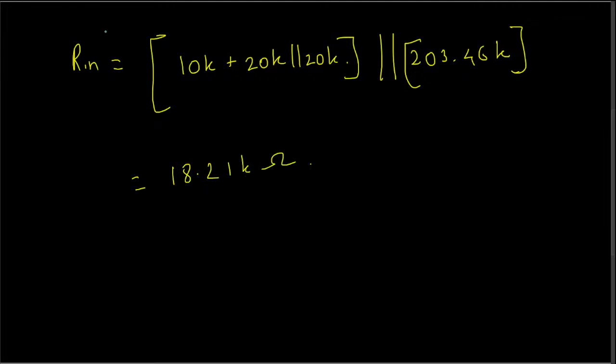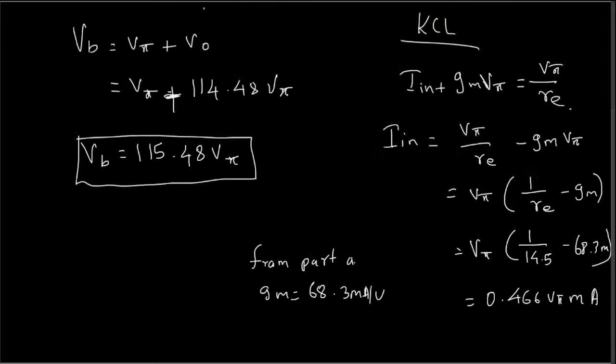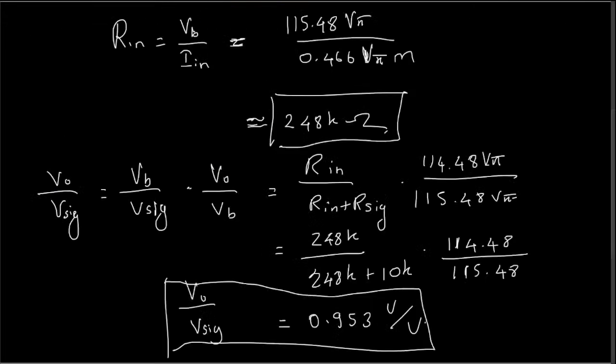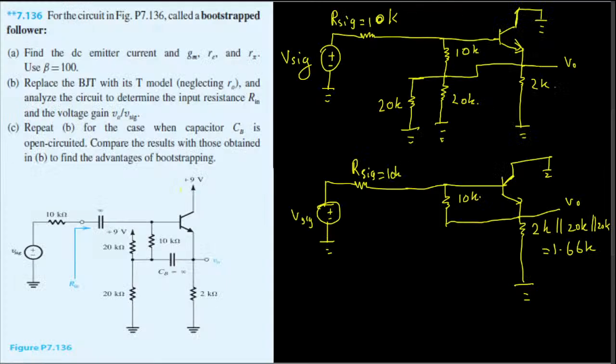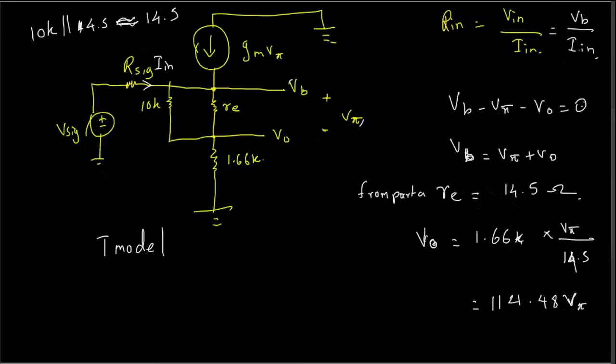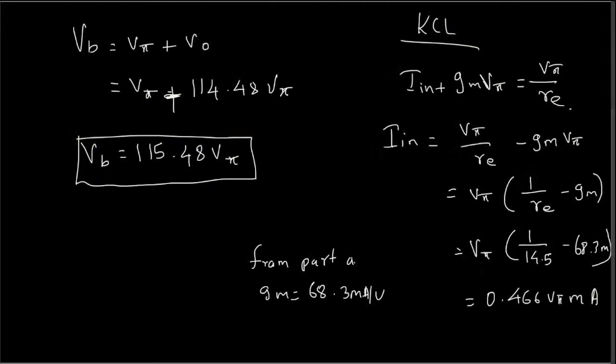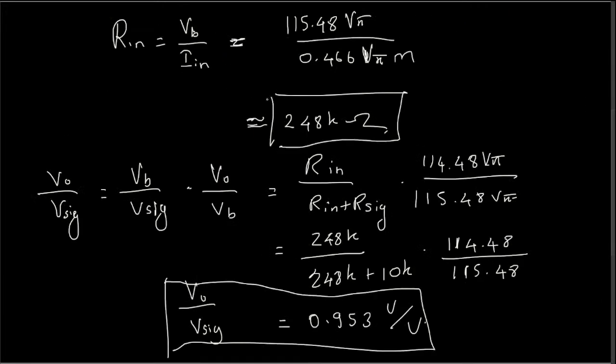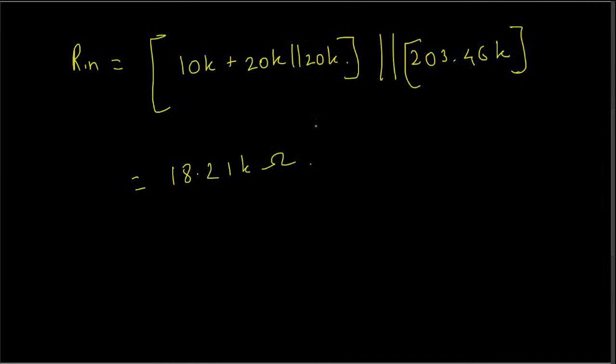And if you notice the difference between, we calculate the R_in for B, this one when it's connected with a wire. In part B we don't have an open circuit for it, we connected it with a wire. So for that one we got R_in of 248 kilo ohm, but if you compare that to this, it is 18.21 kilo ohm.